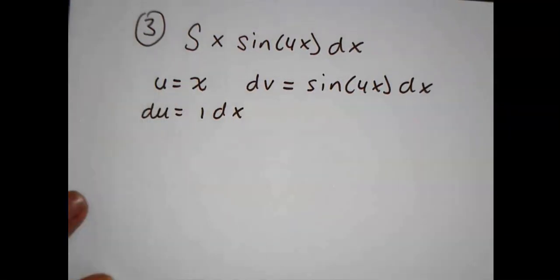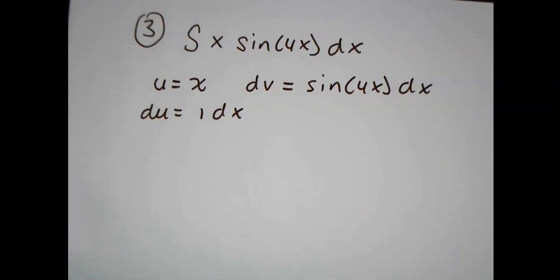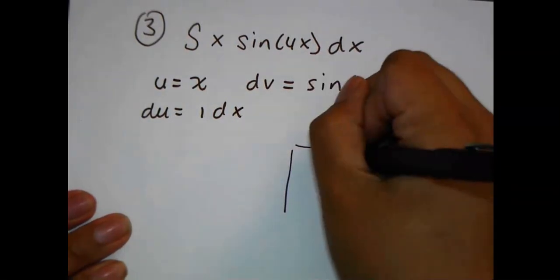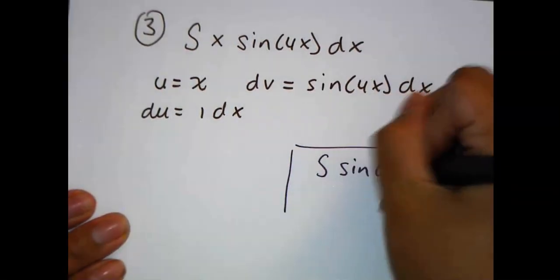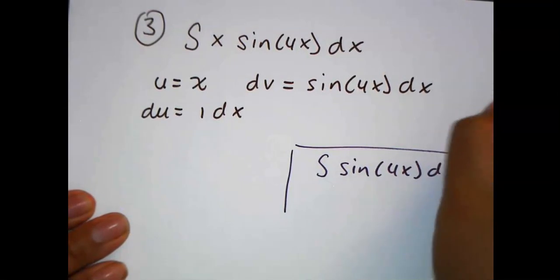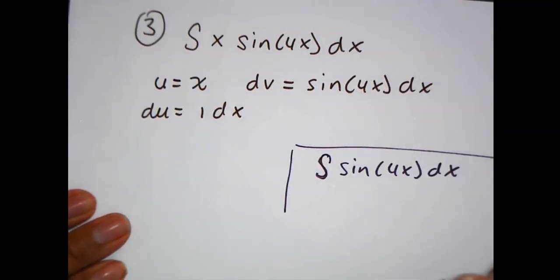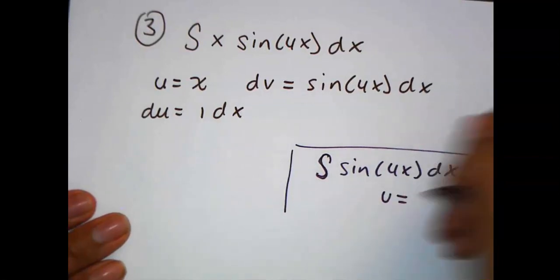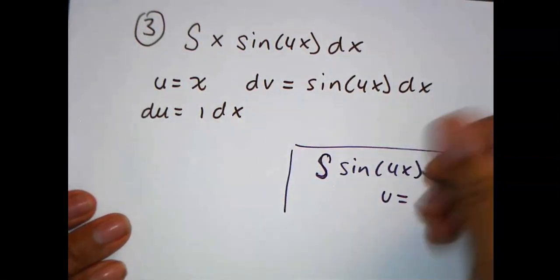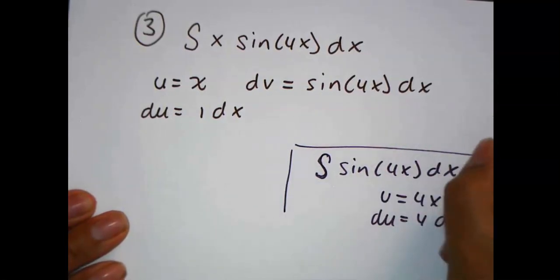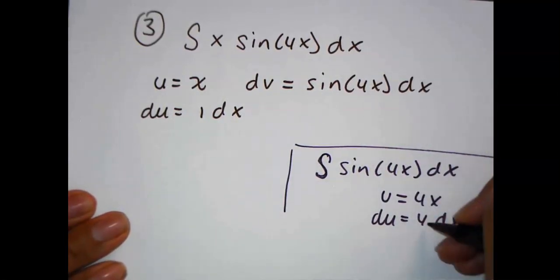Okay. I guess I'm going to take a little break right here. To find v, I need to do the integral of sine of 4x dx. In this case, I need to do another u substitution. I am so sorry. I have the dx, I don't have the 4.